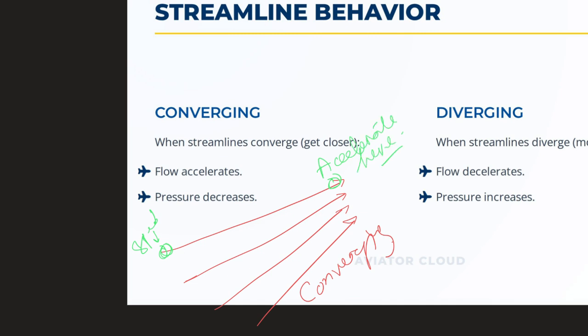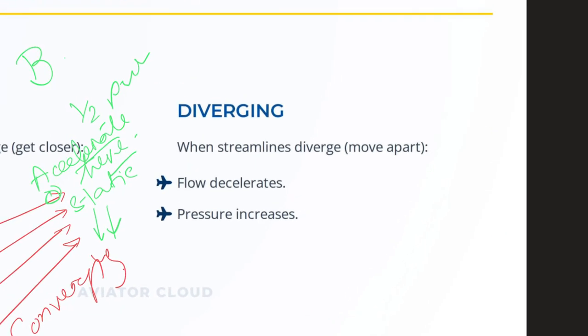As the molecule accelerates, because of Bernoulli's principle, the dynamic pressure, half rho v square, is increasing, so the static pressure here is less. The opposite things happen in diverging.